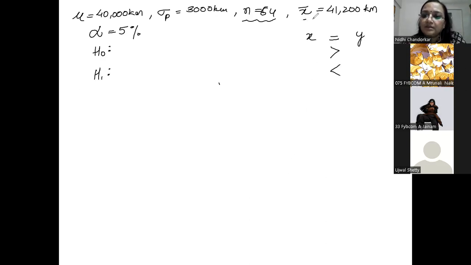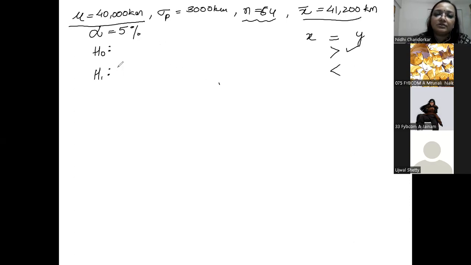Is the new mean significantly greater than mu? That means, is x bar significantly greater than mu or not? Okay, so greater than sign, whatever has been asked should be written in alternative hypothesis.